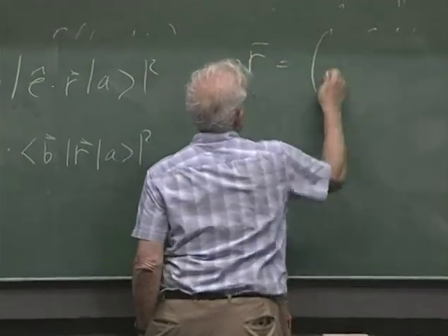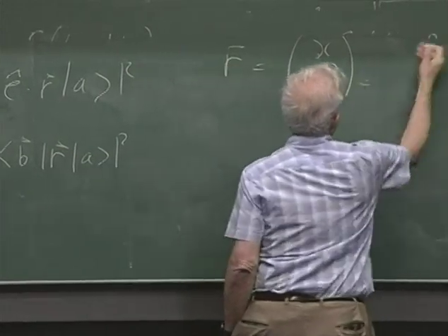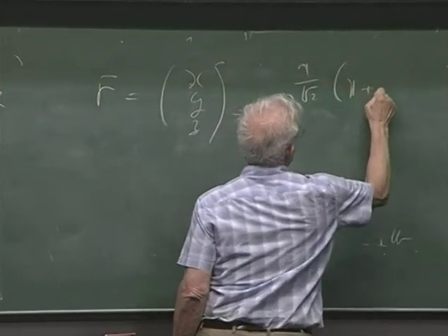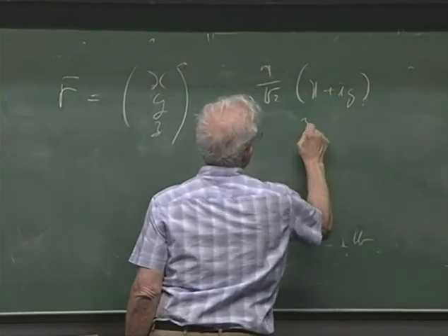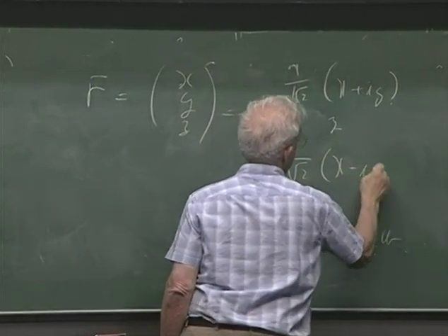I could write it as x, y, and z, like that. I could also write it like this, 1 over the square root of 2 times x plus iy, z, and 1 over the square root of 2 times x minus iy.